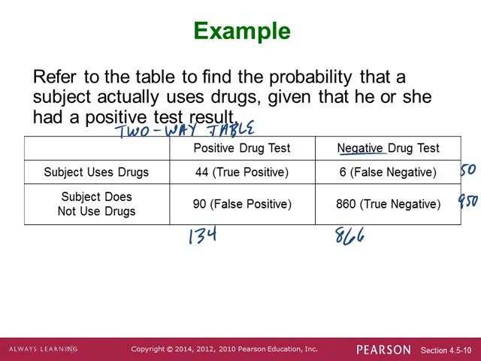And then the intersection of a column with a row will give us the number of individuals who tested positive or negative and used drugs or not. So there's 44 individuals who tested positive and used drugs. So you can think about this 44 as being at the intersection of the event that the subject used drugs and the event that the test came back positive. Or the 860 is the number of individuals who both tested negative but did not use drugs.